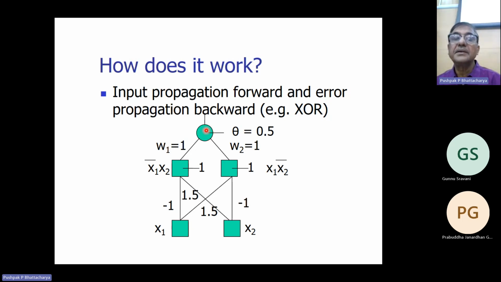That error will now be back propagated over these weight values, and the weight values will correspondingly change. The hope is that by changing the weight values, we'll be able to reduce the error. The gradient descent rule has always this property: when we apply gradient descent and change the weight value, the error always decreases.